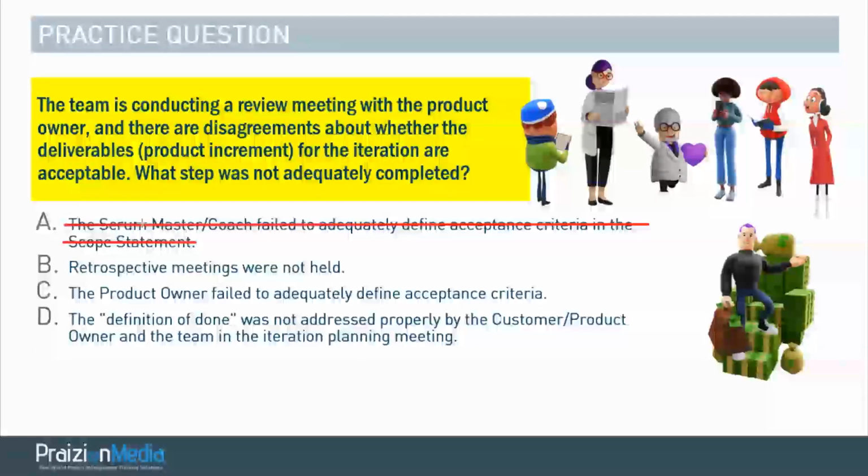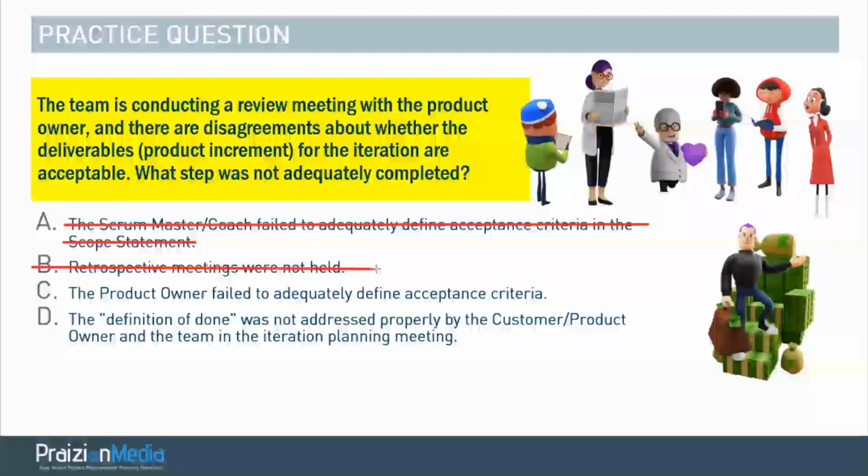Let's even say you misread it and you couldn't decipher that it was talking about definition of done. You can read between the lines to observe that some of these things are not truly agile, such as saying acceptance criteria is in a project scope statement.